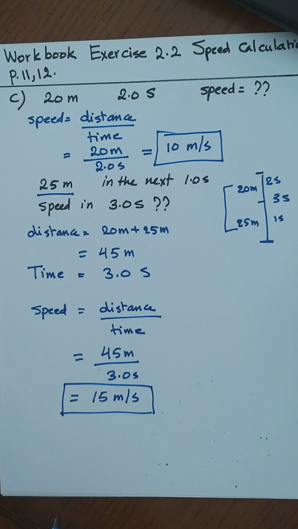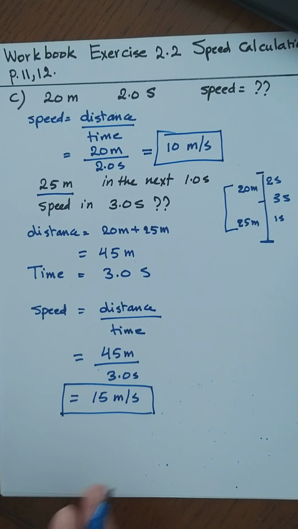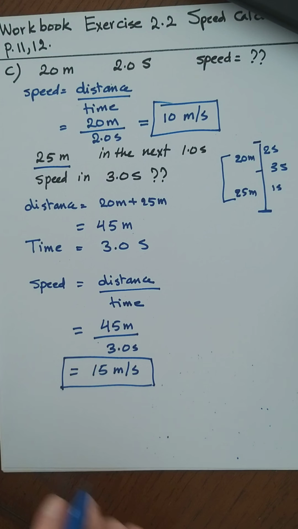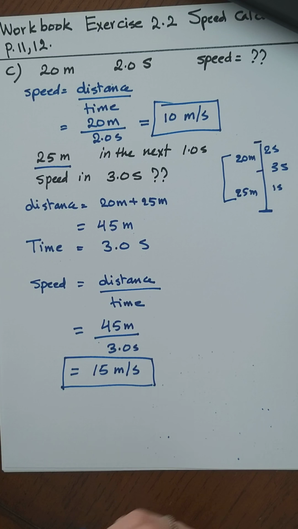Explain why we can only calculate the stone's average speed during its fall. Now, if you notice, the speed of the stone is changing. It's increasing, and we call this accelerating. So the stone's speed is accelerating, speeding up.